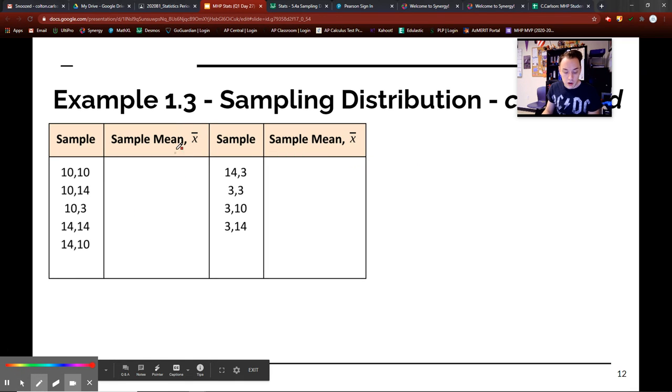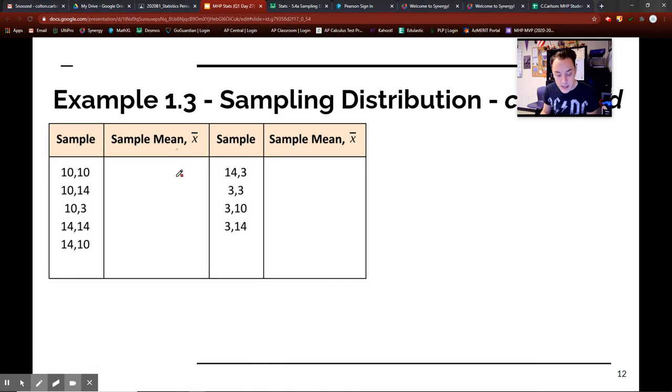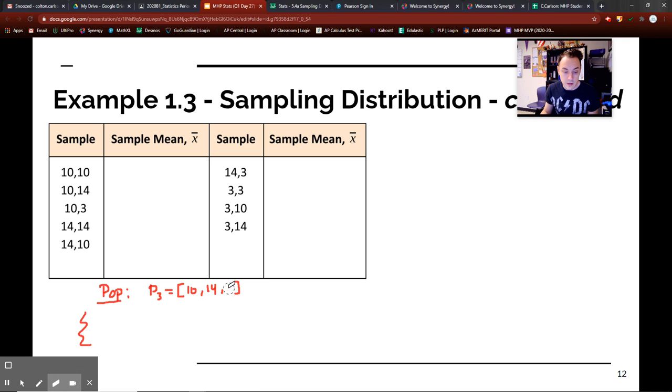Okay. So A, I want to find the mean and standard deviation of the population. So my population I'm going to list out here. I know what I had was P sub 3 because this is my third example, and I was given 10, 14, and then 3.